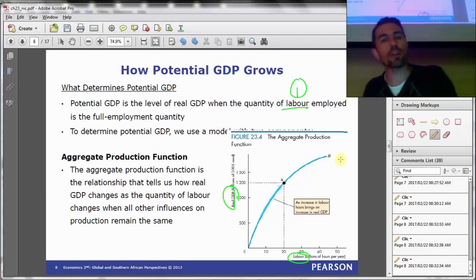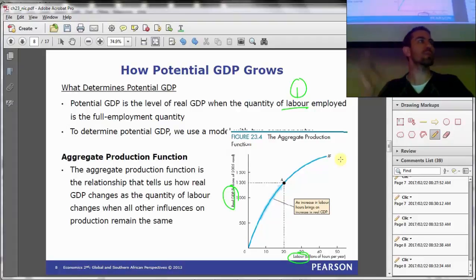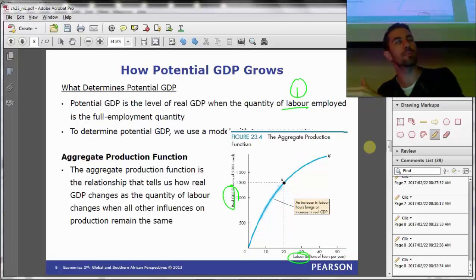So in microeconomics, we discussed the concept of diminishing marginal returns, right? As you add more and more of something into a production process, it becomes less and less effective at producing output. In other words, the output we expect to get from labor should be increasing, but increasing at a decreasing rate, right? Diminishing marginal returns.